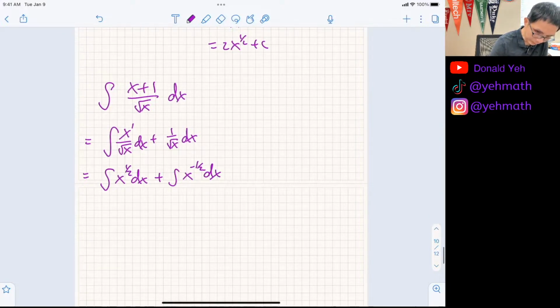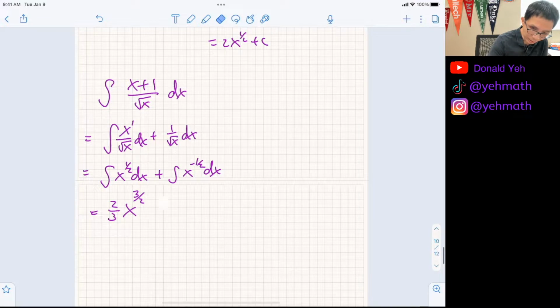Let's see. So it'll be x to the, what's 1/2 plus 1? 3/2. So this is 2 over 3. Does that make sense? Because dividing by a fraction just automatically changes to the front. Is that okay? Plus x to the 1/2, over 1/2, plus c.